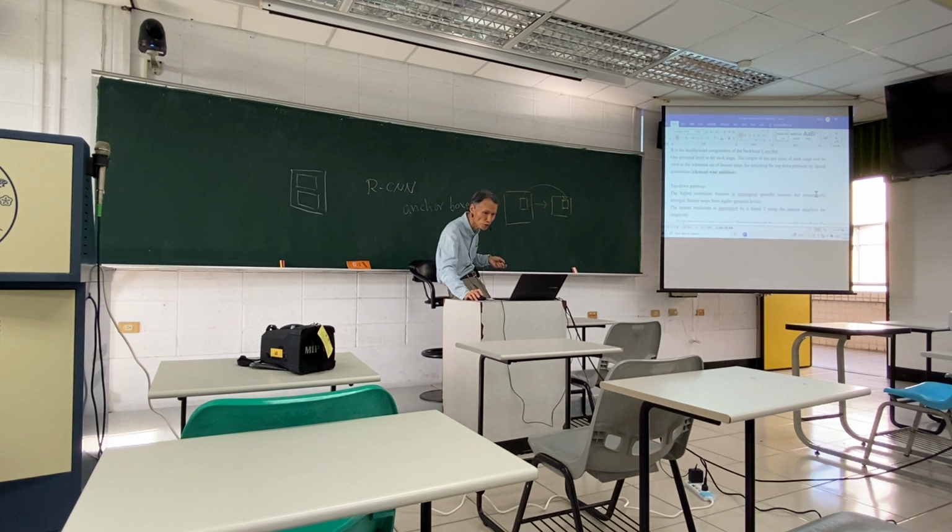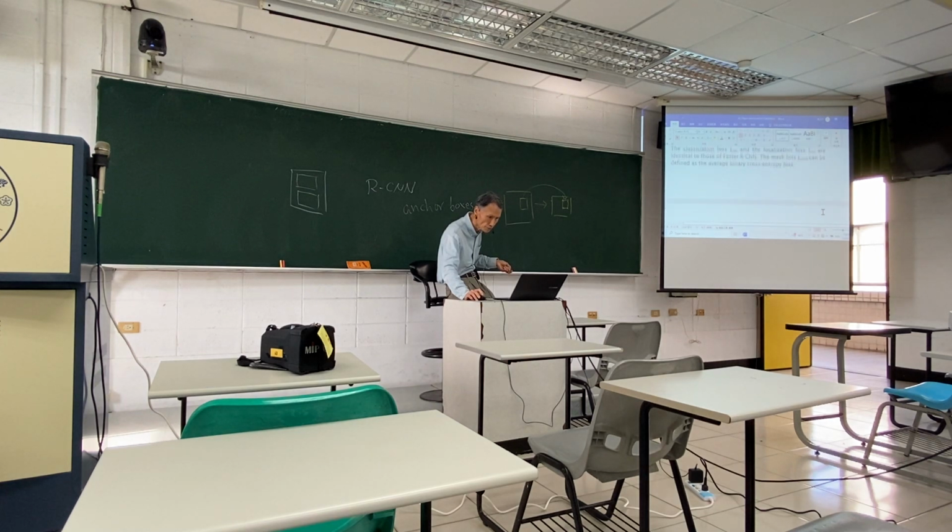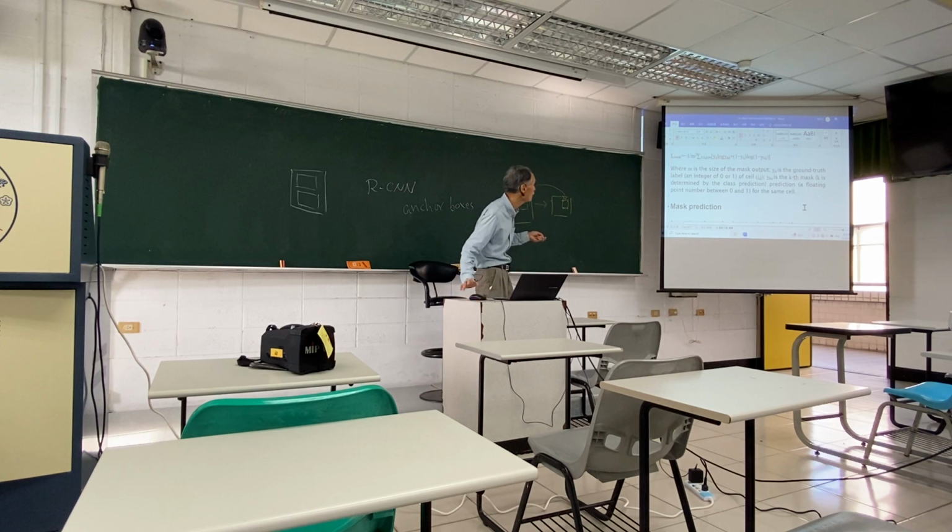I still prefer to talk about this one, it's much easier. You will make the prediction about the class. M is the size of the mask output. Well, actually, it is determined by the bounding box, right? So Yij is the ground truth.